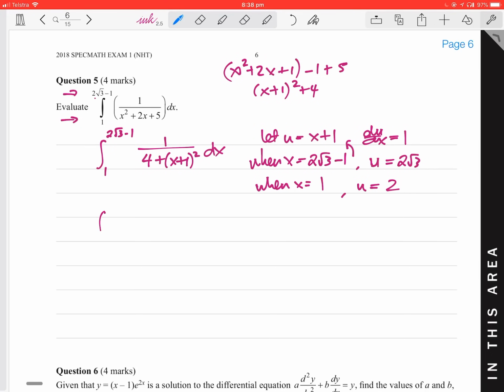Okay, so we've got our u values now. We go from 2 to 2 root 3 of 1 on 4 plus u squared, and then du, because du dx is replacing dx. Now if it's tan inverse, that's a squared, so that's got to be 2 on top, so I've got to put a half out the front.